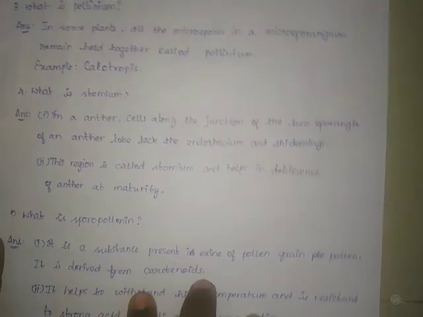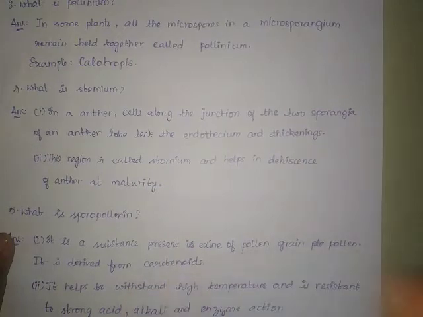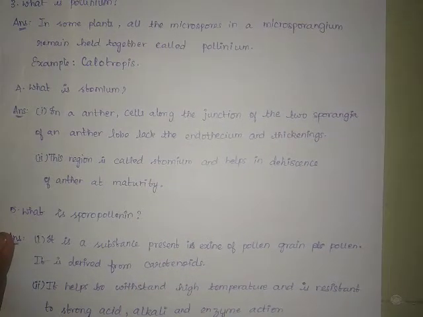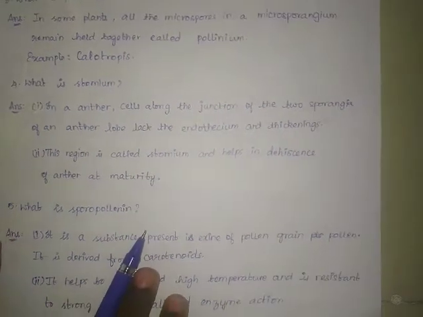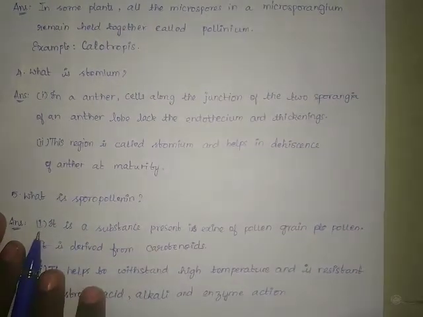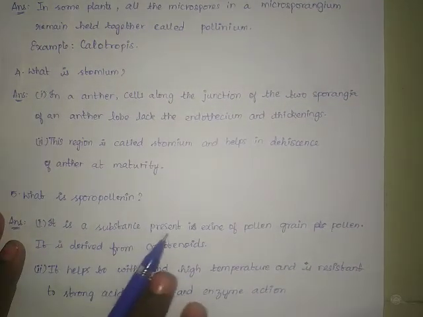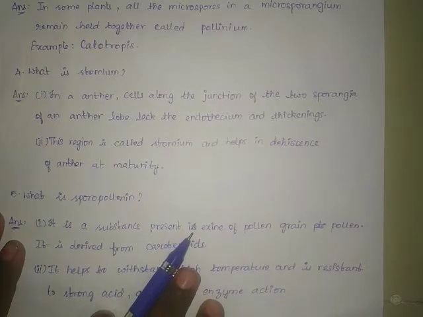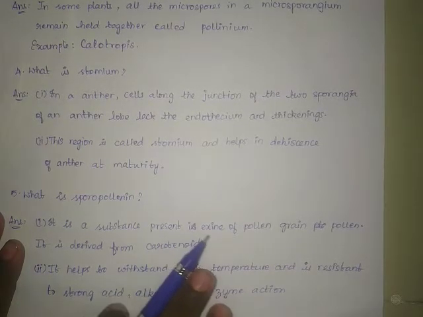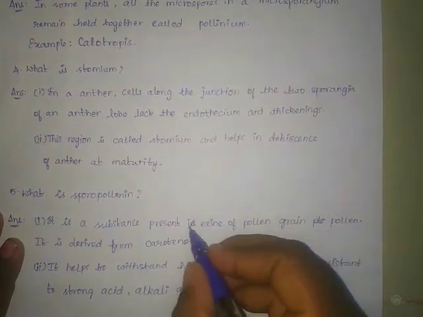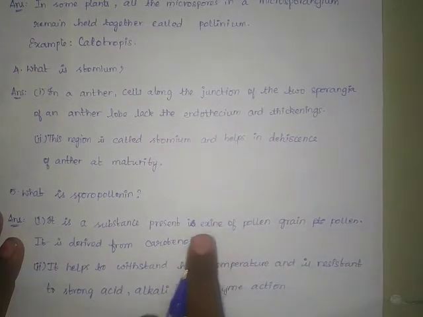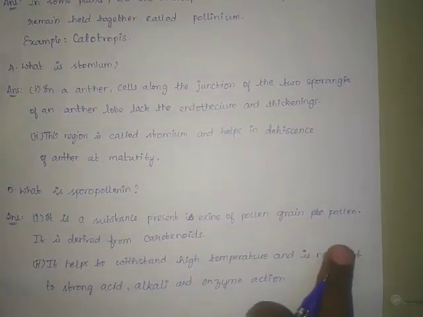Next, for fifth question, this is the last question for part B. So, what is sporopollenin? The correct answer is, first point, it is a substance present in the exine of pollen grain.